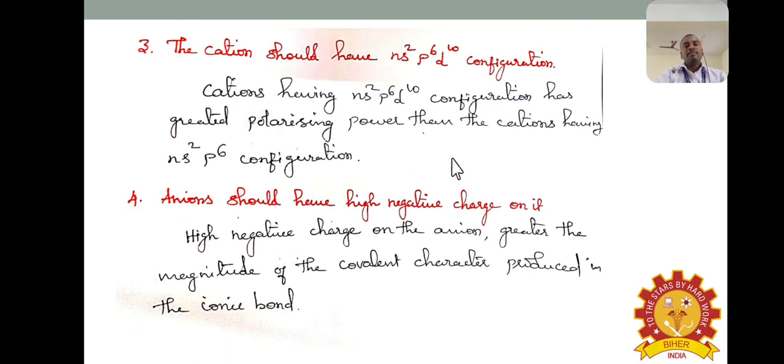Cations having ns2 np6 nd10 configuration have greater polarizing power than cations having ns2 np6 configuration. It means that when we go to the periodic table, the cations formed with ns2 np6 nd10 electronic configuration are more electropositive than those with ns2 np6 configuration.